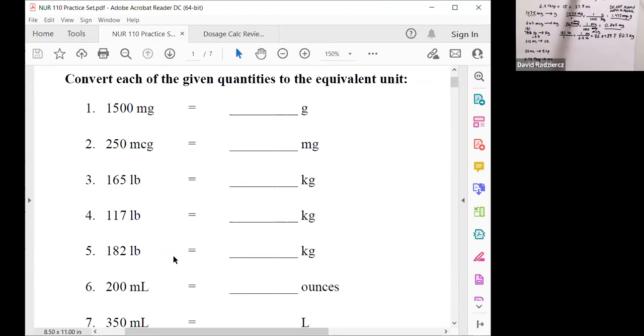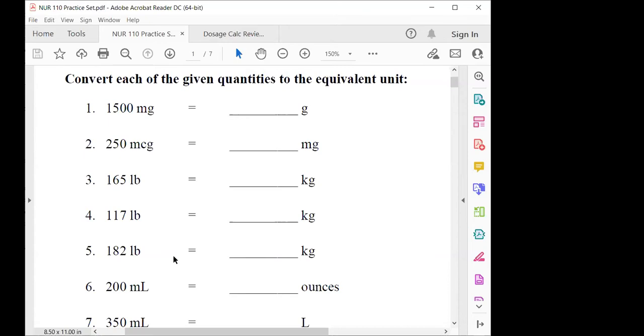Remember, they're going to ask you to show your work. I don't know what that entails necessarily. So just make sure that you are writing something. So if you write 182 divided by 2.2 and you get the 82.727272, you would still round to the nearest tenth. 82.7 would be your answer. Okay, thanks. You're welcome.